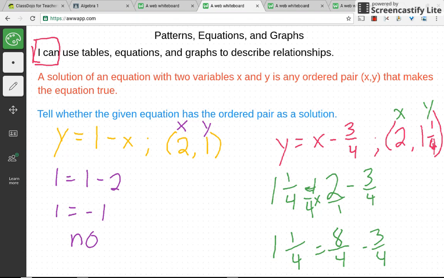Well, 8/4 minus 3/4 is equal to 5/4, which is 1 1/4. So 1 1/4 does equal 1 1/4. So this one is true. I'm going to put yes on there because it does work out. So that is a solution.